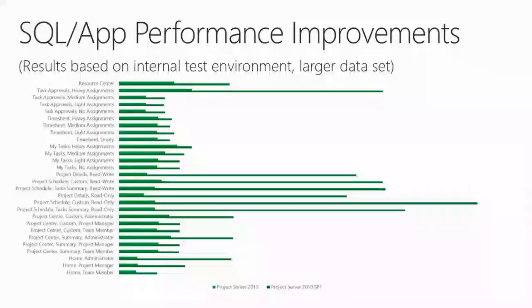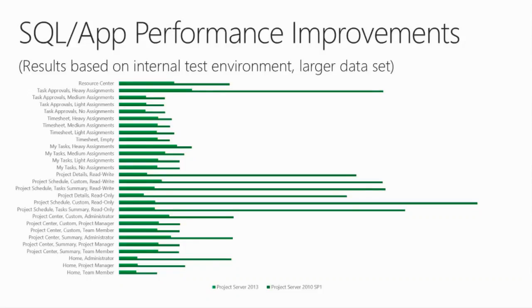What I do have, and I realize that this is an eye chart, so apologies for that, is something that we also did internally as an exercise to make sure that we were improving our SQL stored procedures and some of the things that we did on the application server. We had a medium to large size data set that we had created, and basically we tried all of the common pages that usually load really slowly, such as Project Center, as somebody who can see a large portion of the project and who is subject to reasonably complex security rules.